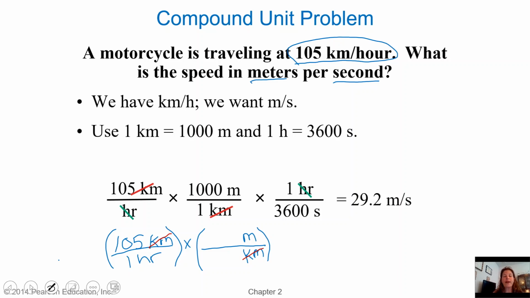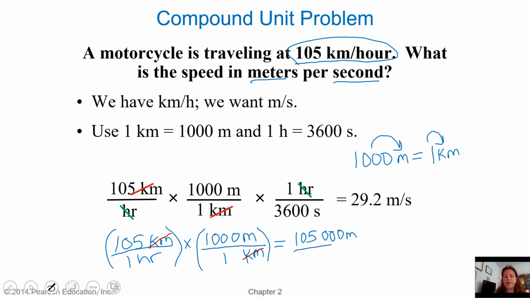Well, if I go back to my chart, you will see that 1,000 meters is equal to 1 kilometer. So my number is going to stay with my buddy unit, and I'm going to get 105,000 meters per 1 hour.